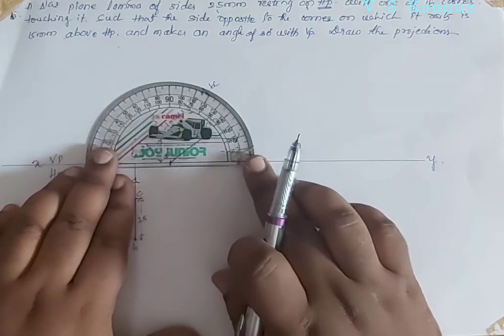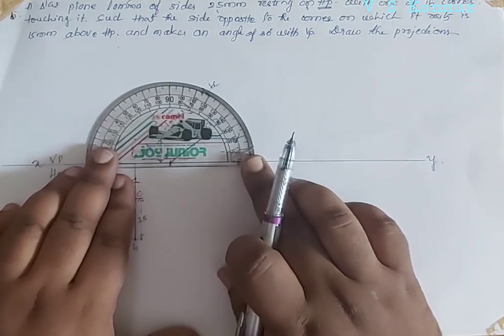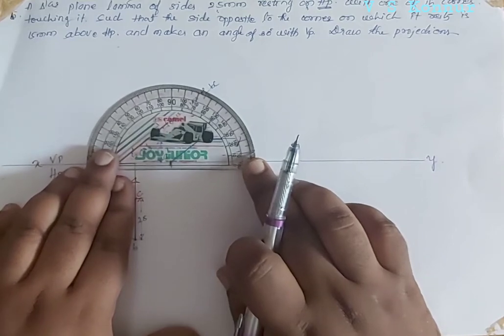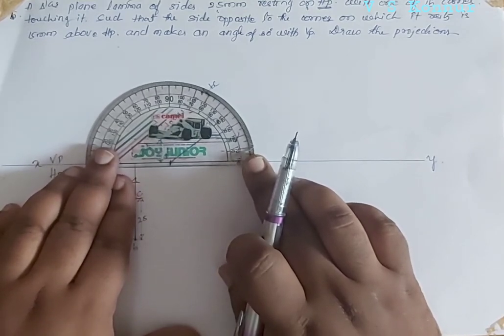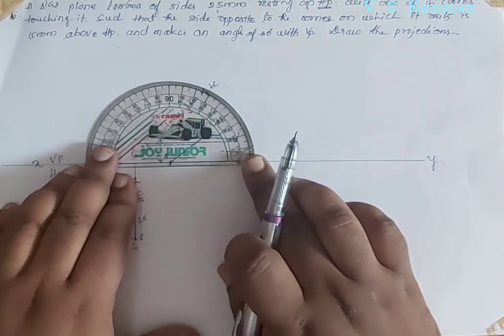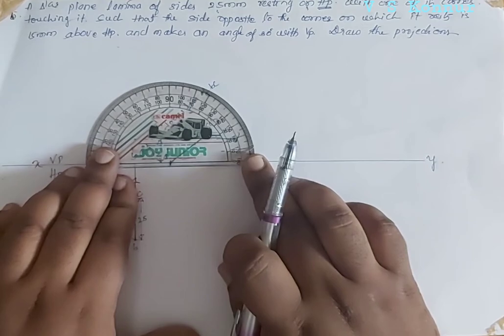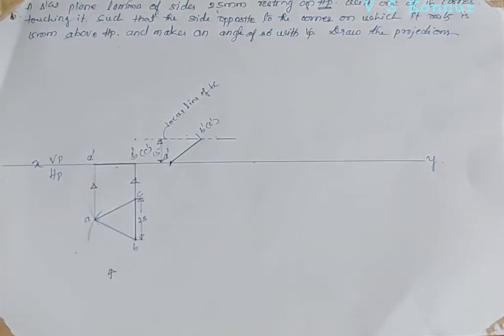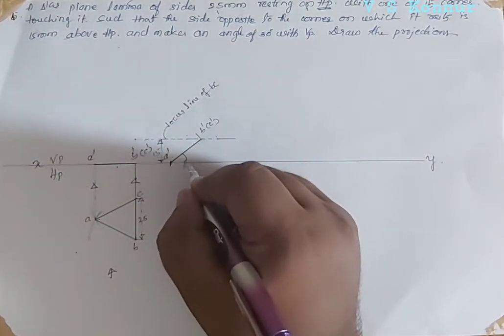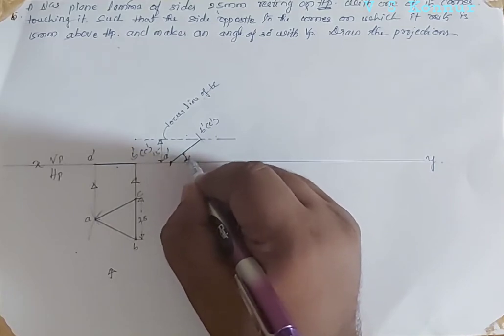Error will be there. So you will get around 40 degrees here. You should check with the help of software. So we got 40 degrees here. We'll write 40 degrees only here.